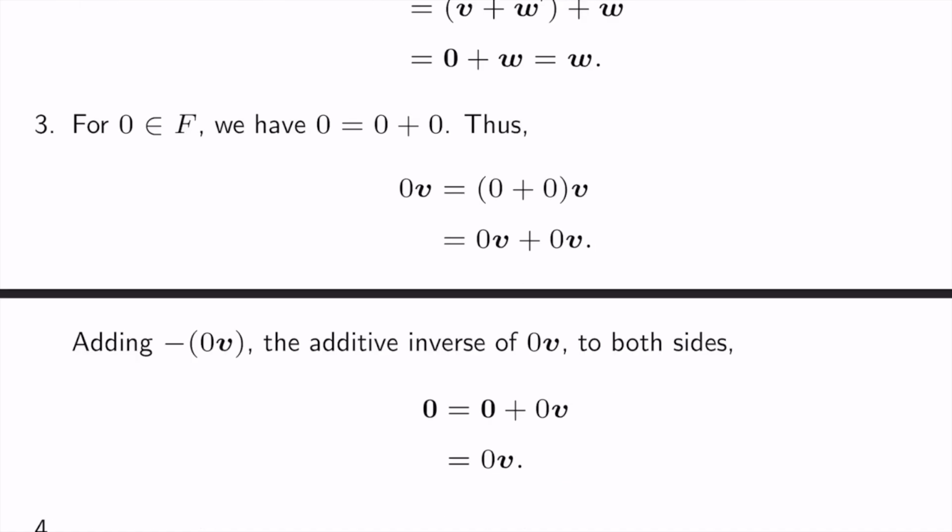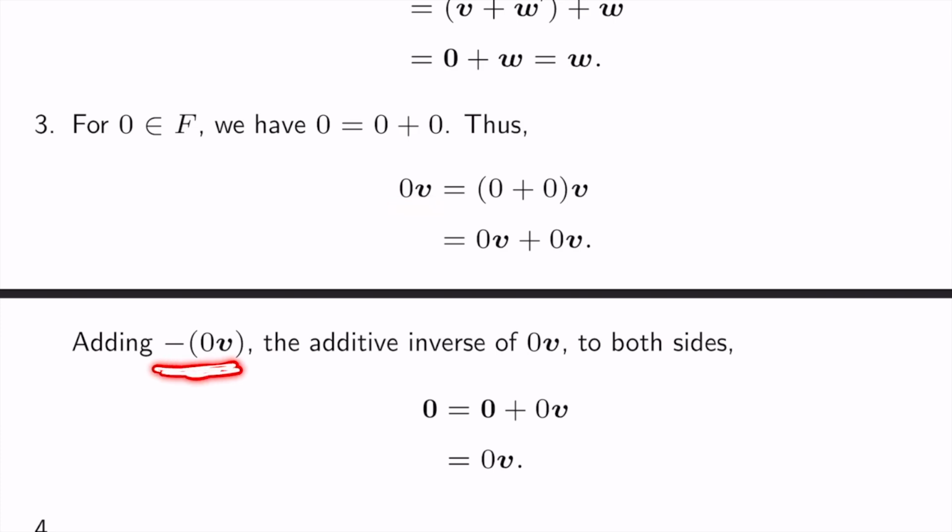And next, multiplying the scalar 0 to any vector gives the 0 vector. To prove that, we first know that 0 is equal to 0 plus 0 in this field, right? So 0 times any vector v is equal to 0 plus 0 times the vector v. By the distributive law, we have 0v plus 0v. So from both sides, we can add the additive inverse of 0v.